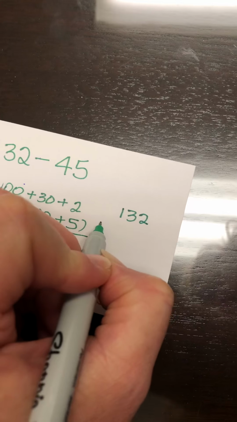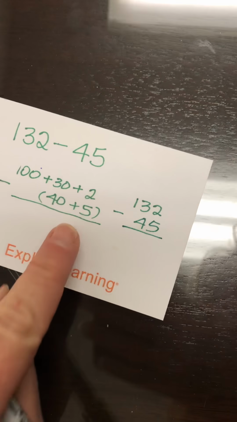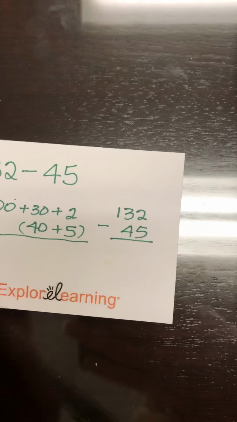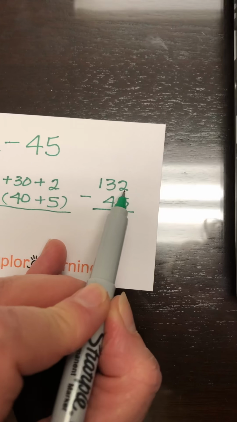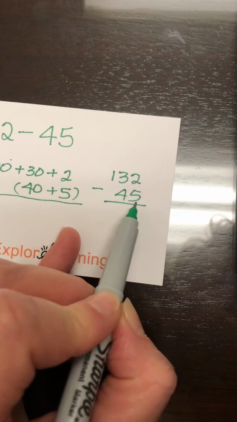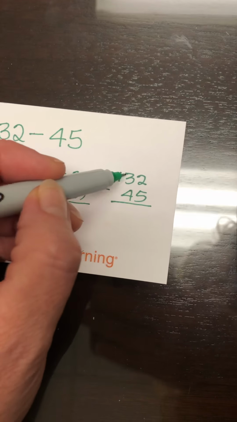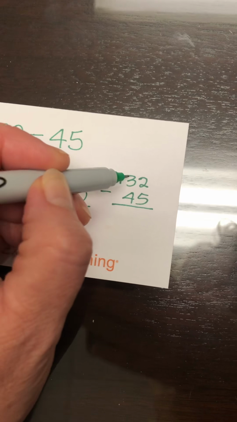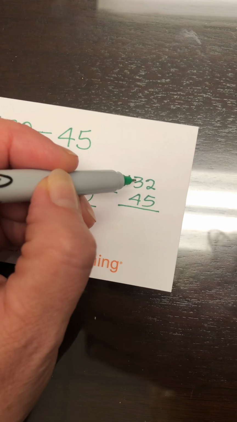132 remove 45. Well, think about it in terms of the holds, the crates, and the barrels. If I have 2 barrels, 2 single barrels, and I'm trying to remove 5, we can't physically do that, so we have to go over to where the crates were. 3 crates doesn't imply 3, it implies 30.